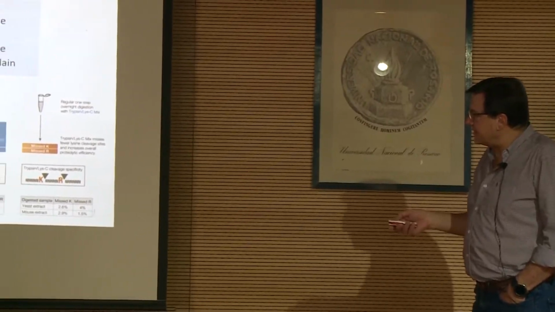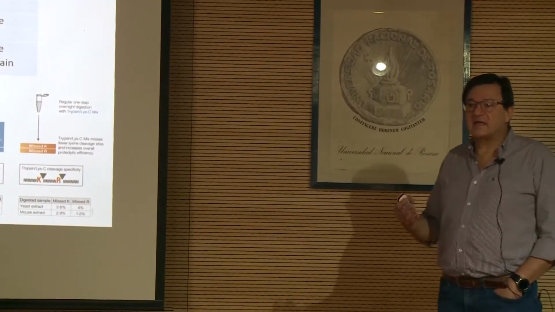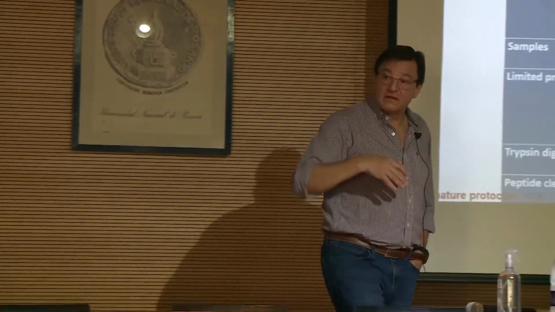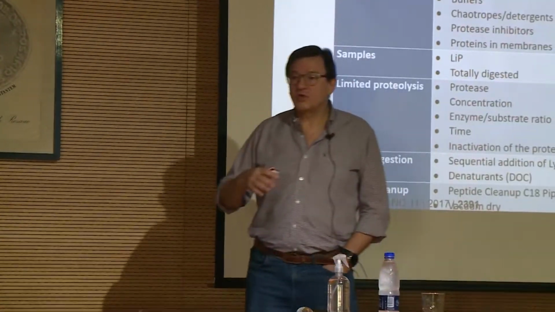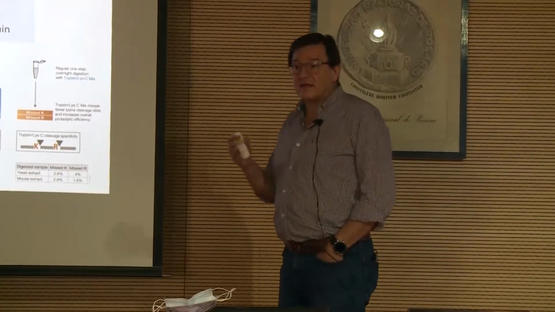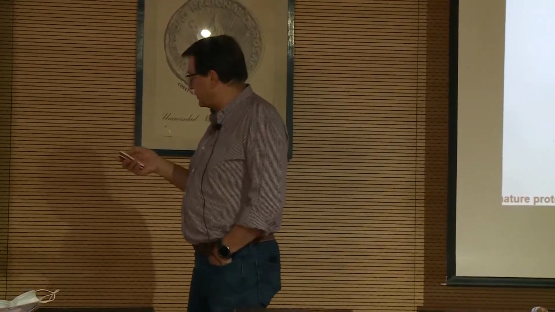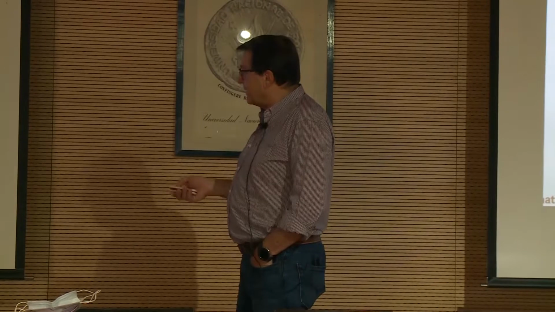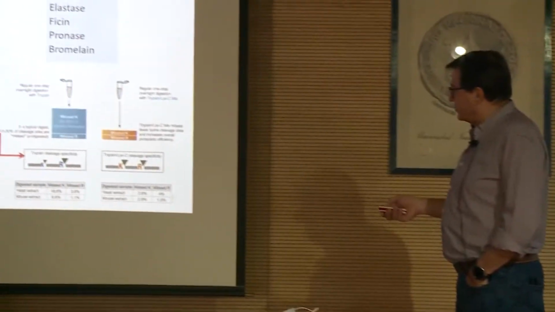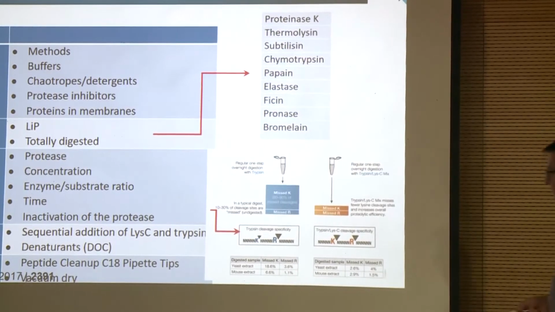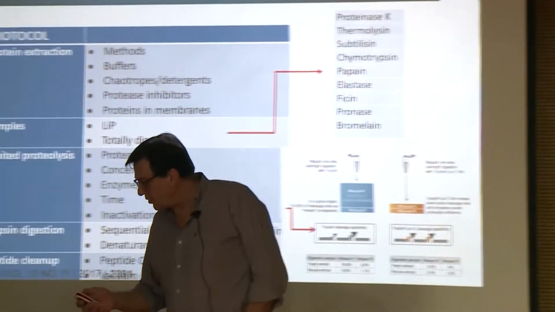In some cases, it's not a bad idea to use a denaturant like deoxycholate that can then be cleaned from the solution, or to use some of the commercial surfactants that are friendly with mass spectrometry, to digest the protein. Then you go to the normal step of peptide cleanup and vacuum drying.